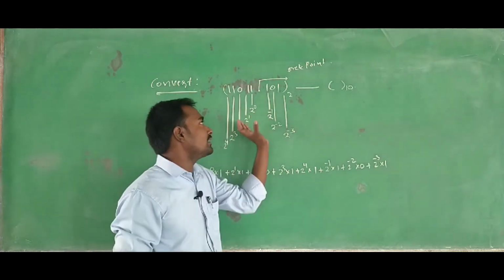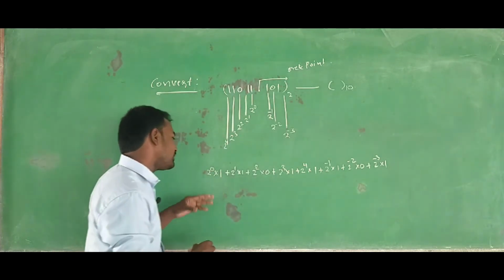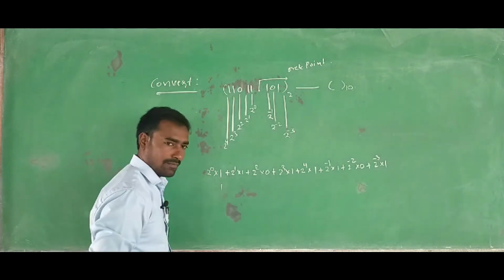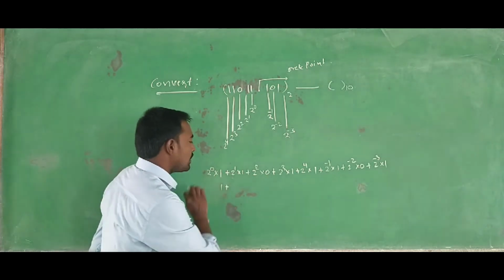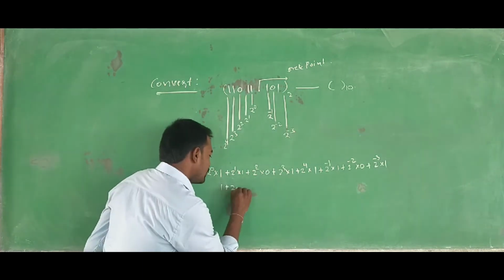Here we are converting this binary value into the decimal number. 2 to the power of 0 is equal to 1, and 1 into 1 is 1. Plus 2 to the power of 1 is 2, and 2 into 1 is 2.